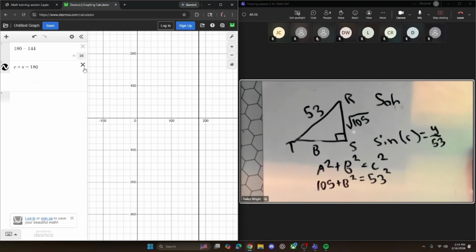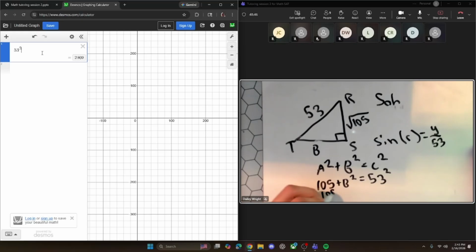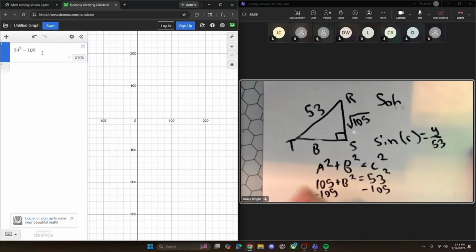Now I'm going to go over and do that math in the calculator. 53 squared is 2,809. We need to subtract this 105 over. 2,809 minus 105 is 2,704. So B squared equals 2,704.